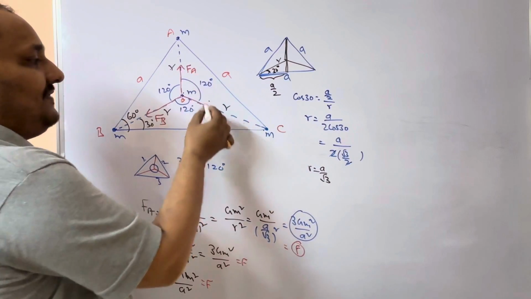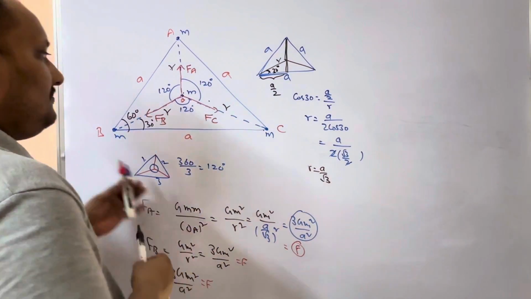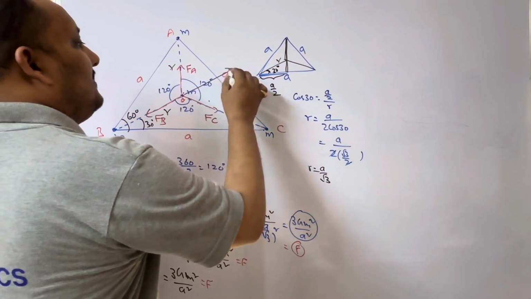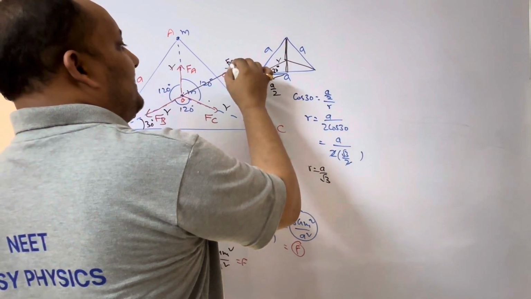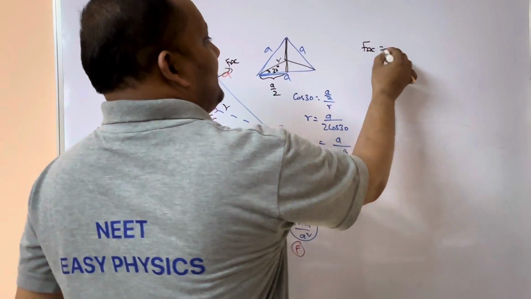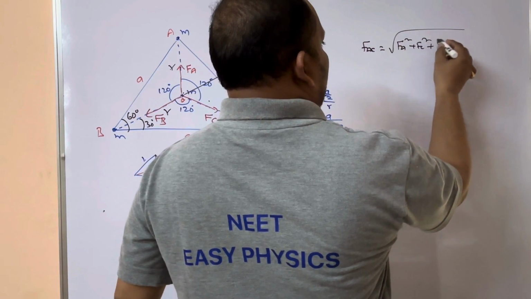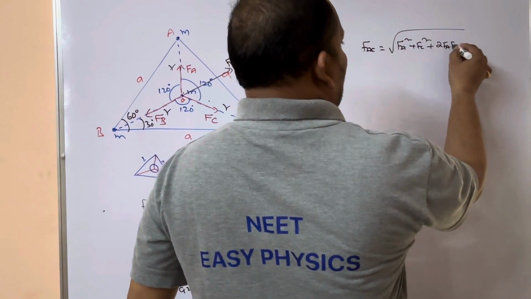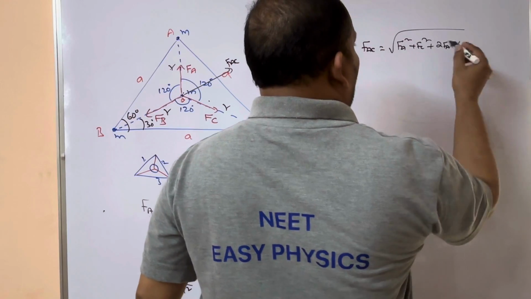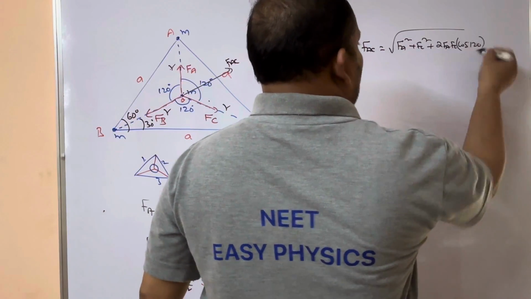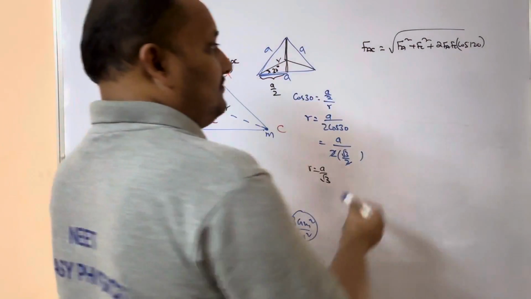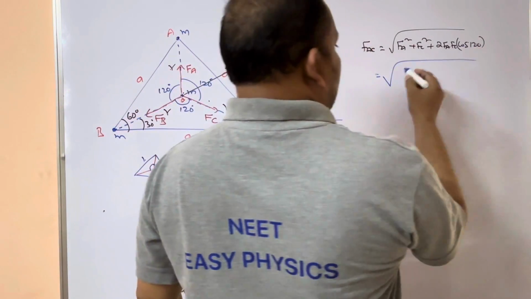What is the resultant of FA and FC? It will come like this. FAC is equal to root of FA square plus FC square plus 2 FA FC cos 120. What is the cos 120 value? We discussed this in basics.